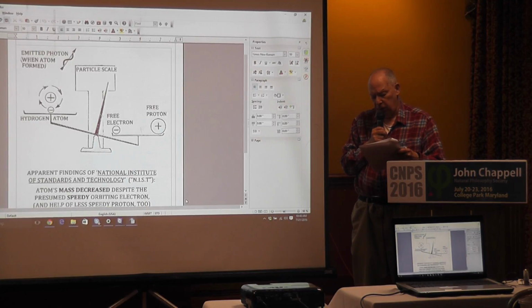Yet, if charged particles in a gravitational orbit do give off radiation and incur a relativistic mass increase, that would violate Einstein's second 1905 paper on special relativity.